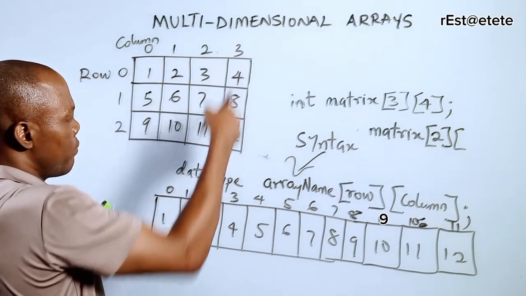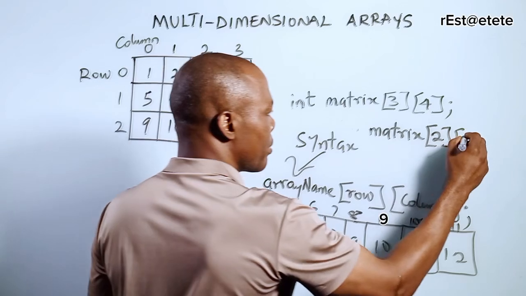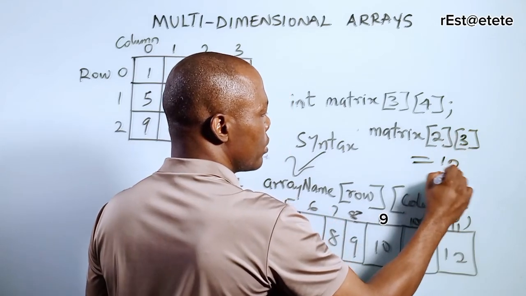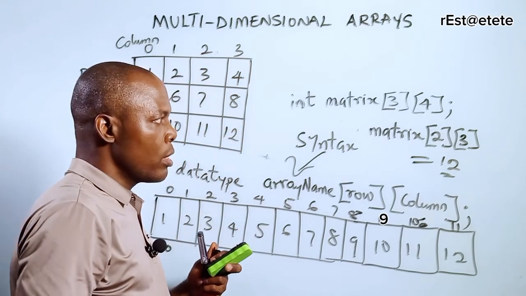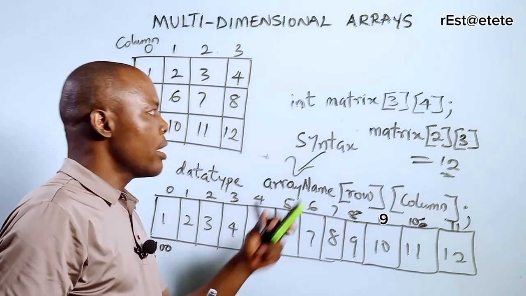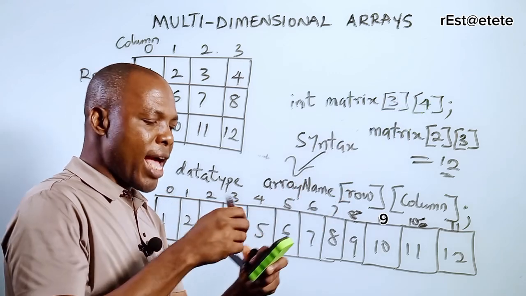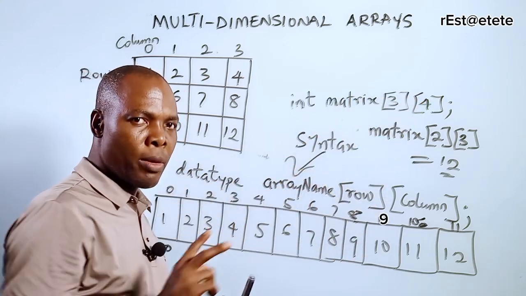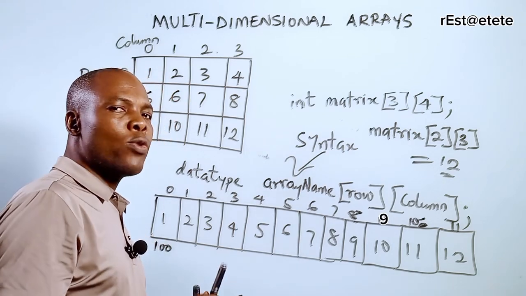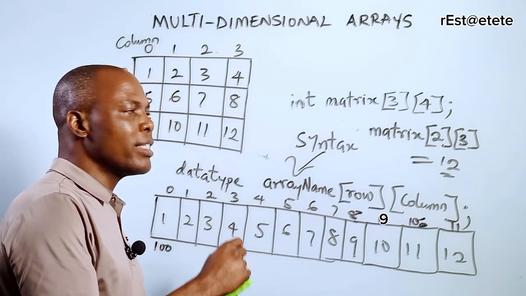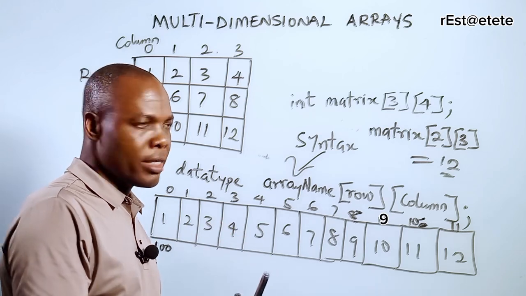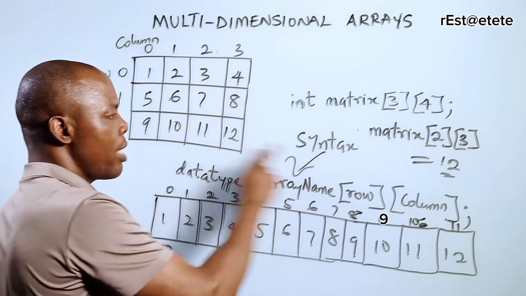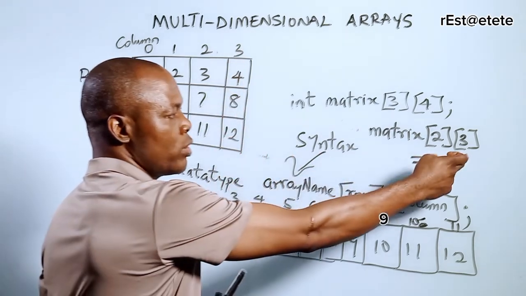So the column of this 12 is what? 3. Right? So this one will give us 12 as a value. So you have to understand the difference. When you are declaring an array, it is the actual number of the rows and the columns that you insert into the square brackets. But when you are trying to access the element, you are going to use the indices. So for the row of this 12, it is 2, and for the column of this 12, it is 3.